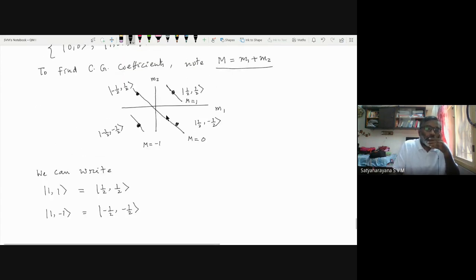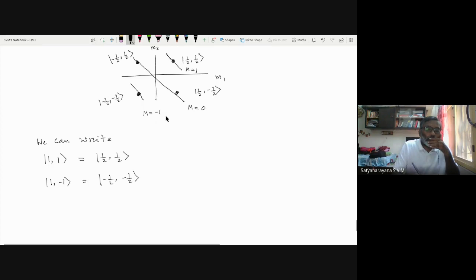But when it comes to 1, 0, it can come from both of these states, half minus half and minus half half. So I must say that it is some C1 times half minus half plus some C2 times minus half half.